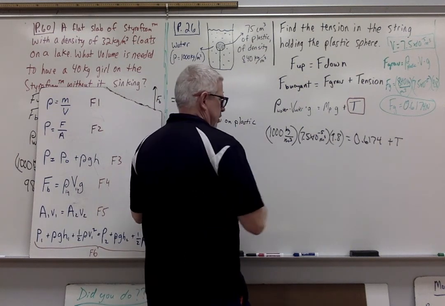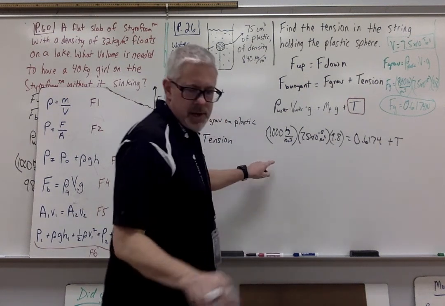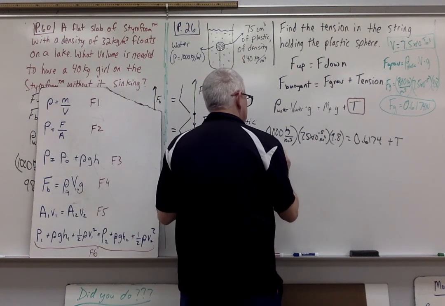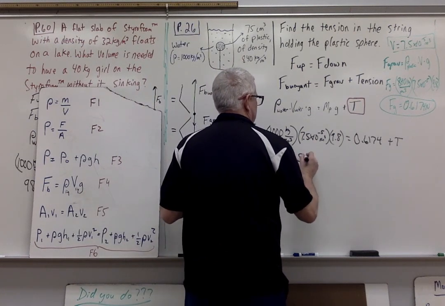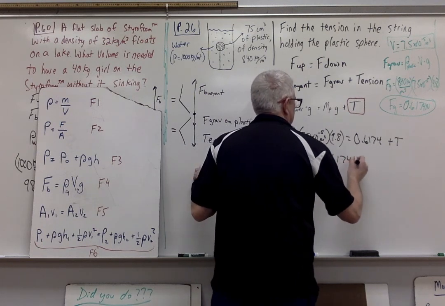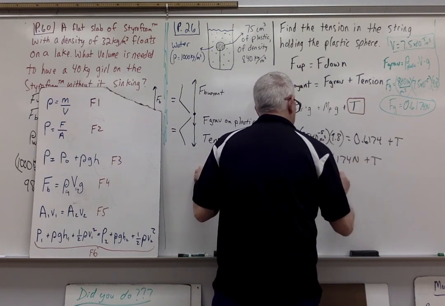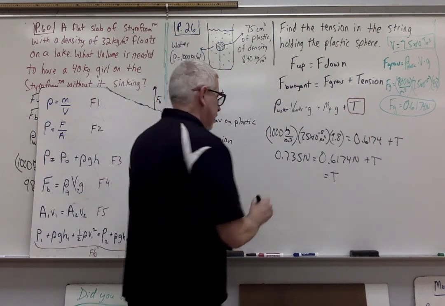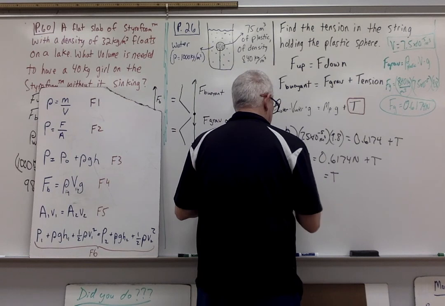So I might be able to show that down here. At any rate, when I end up doing this, it's going to be a little bit more. It's 0.735 newtons. So the tension in this case is 0.118 newtons. It's pretty light.